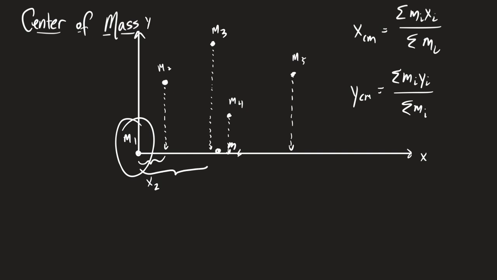And then I'll have what appears to be x3. That's the distance from the origin to where M3 is in the x direction. And do I have to keep drawing that, or can you guys get the idea? That when you're dealing with a two-dimensional system, we look at all the locations in the x direction and do that calculation, and then we'll do all the same thing in the y direction and do that calculation. So our problems will always be able to be broken up into one-dimensional problems.